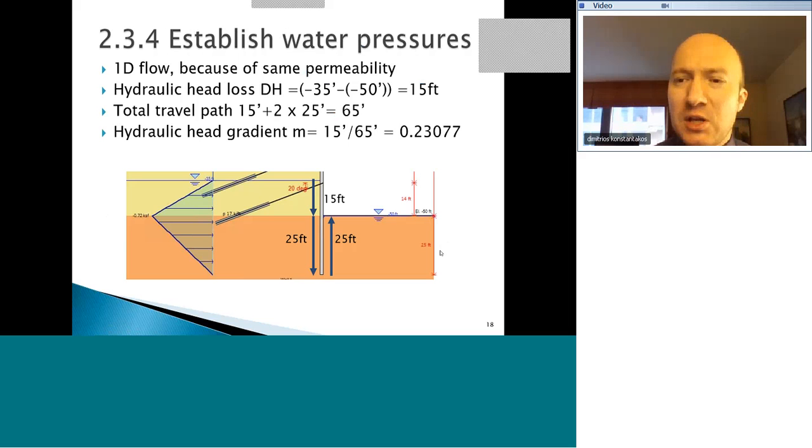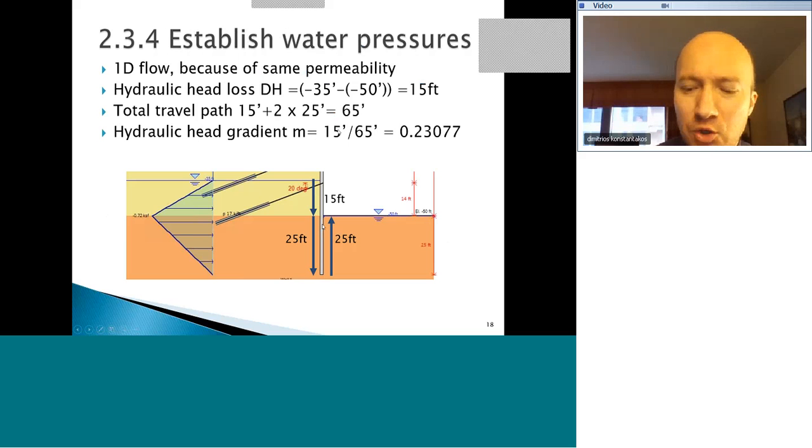Before we establish lateral earth pressures, one of the first things that we have to do is establish our water pressures. So we're going to do a one-dimensional flow, and because we have the same permeability, we did this so the calculations are simpler. For this example, we have the hydraulic head loss, 15 feet. We have the total travel path.